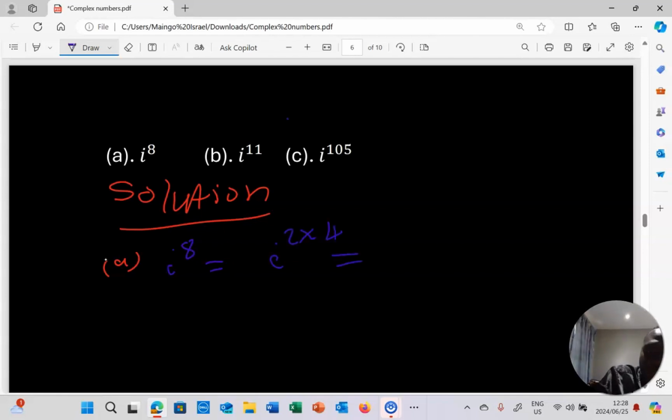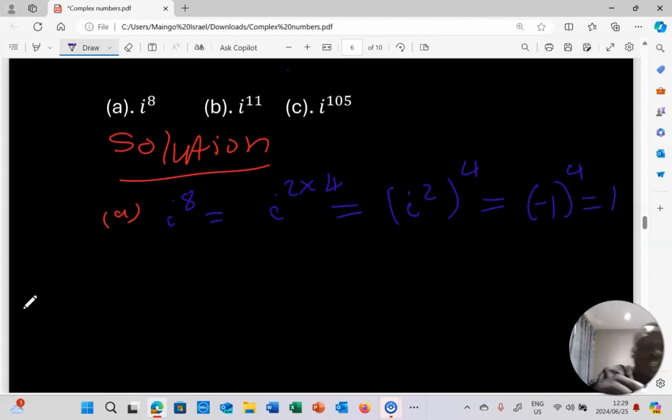We're allowed to write it like this by exponential laws. But I to the power 2, or I squared, is just negative 1. So this is negative 1 to the power 4. Because the exponent is an even number, this will appear as a positive 1. So that's how simply we do it.